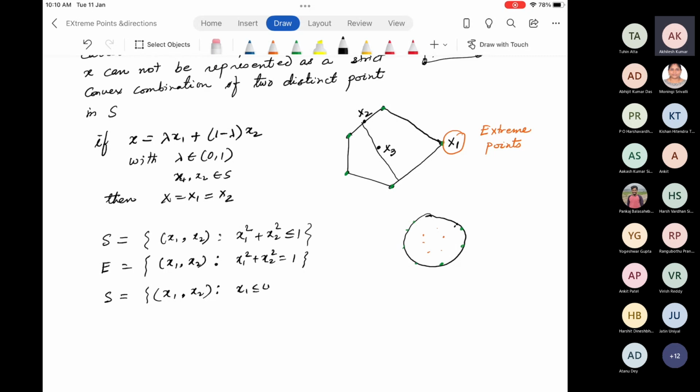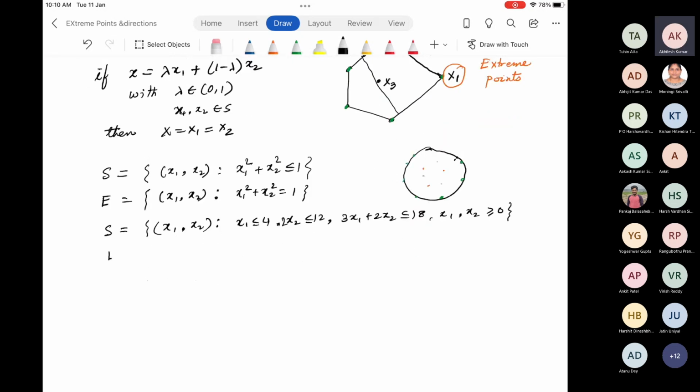So what would be the extreme points for this one? How do we find them? You just need to draw the graph. More precisely, you need to see the intersections.